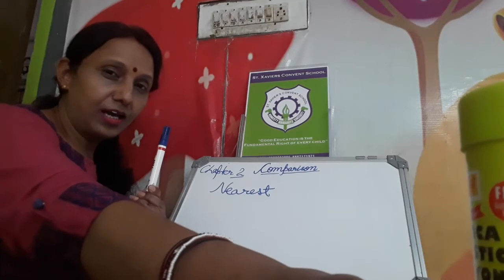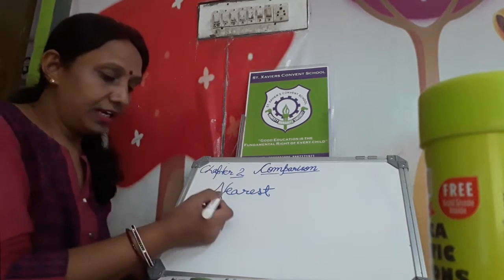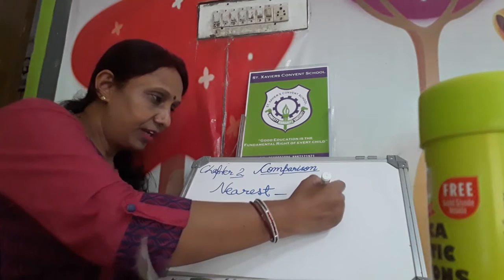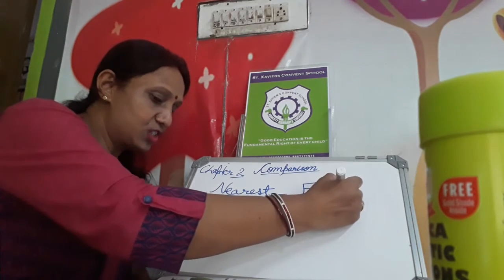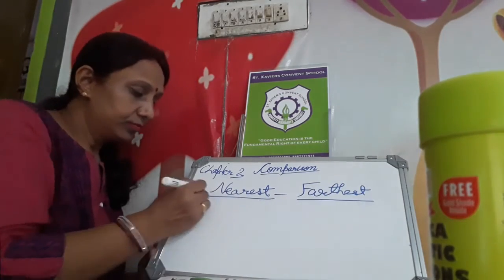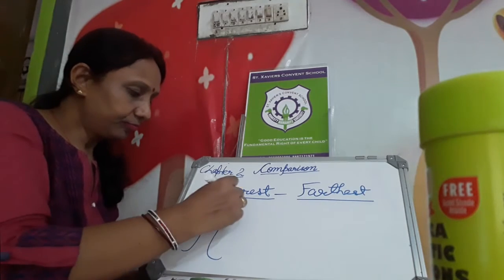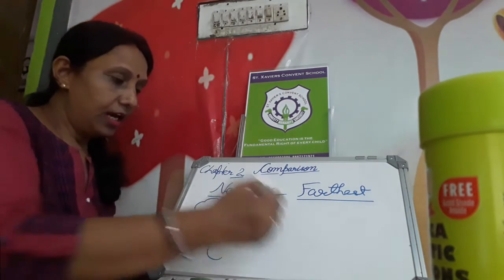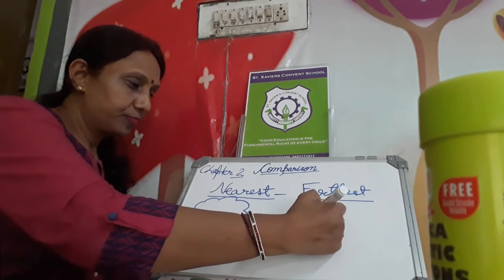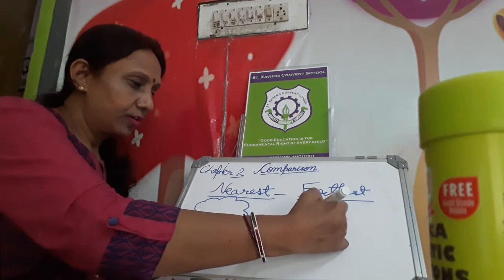So I will just show you some pictures here on this board also. Nearest and farthest. Comparison between nearest and farthest. F-A-R-T-H-E-S-T, farthest. So here you can see this is a tree and these are the birds. Birds flying.